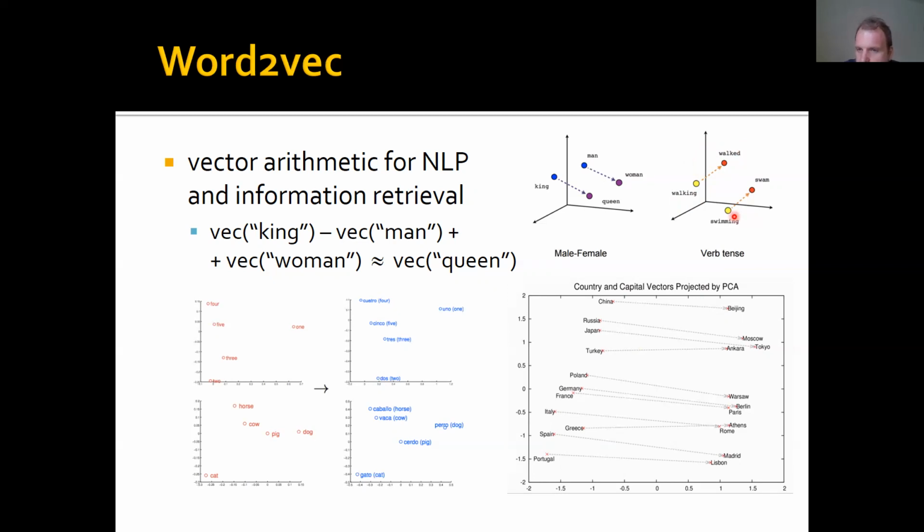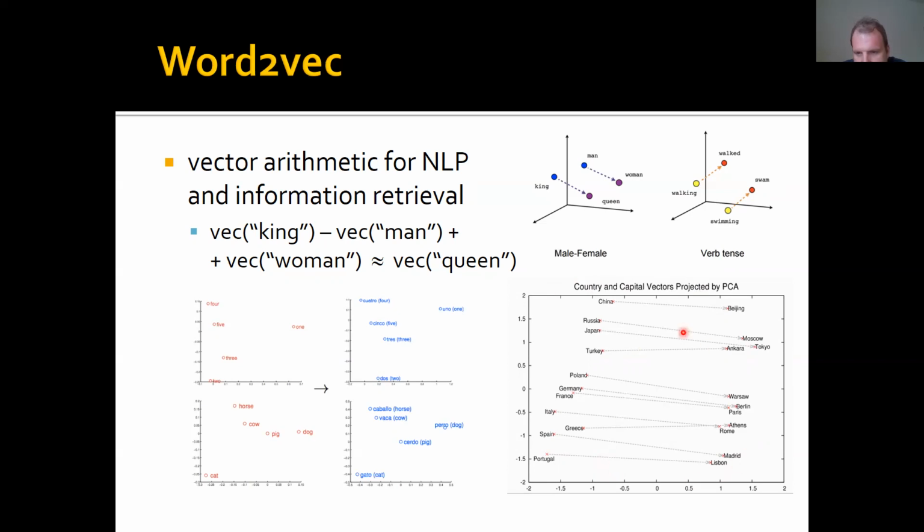Then if we don't know the irregular verbs, but we know that there is swimming and we have the same direction vector here, then swam is probably a past tense for swimming. So these vector arithmetics could really help in natural language processing and retrieval tasks of many kinds.